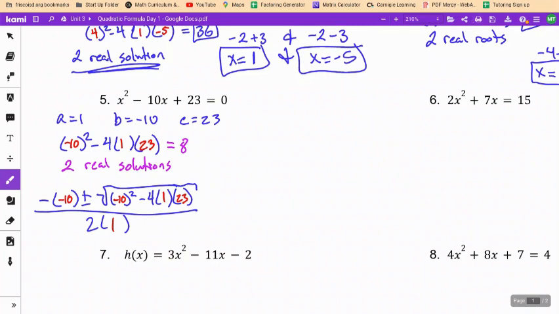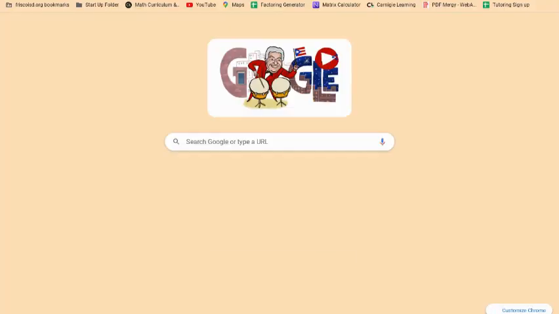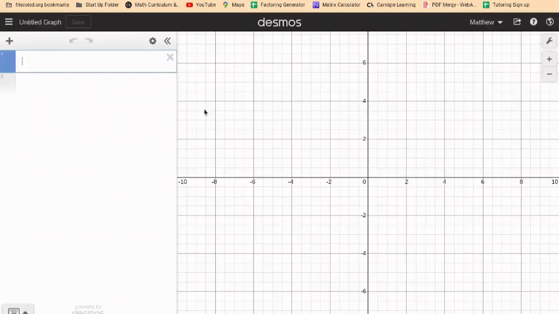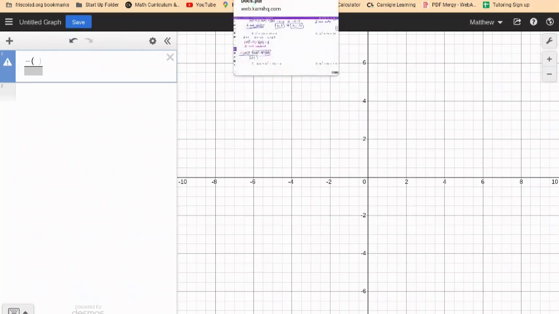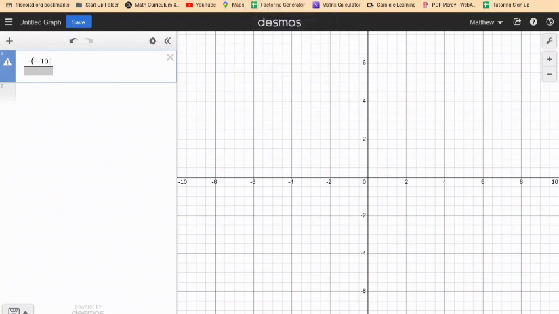I don't have my calculator on this computer, so I'm just going to use Desmos really quick. But again, you would use your calculator in the same fashion. The first thing I do is make a fraction, and I'm going to do negative b, so negative 10. The exact same way I wrote it down is how I'm going to type it in.